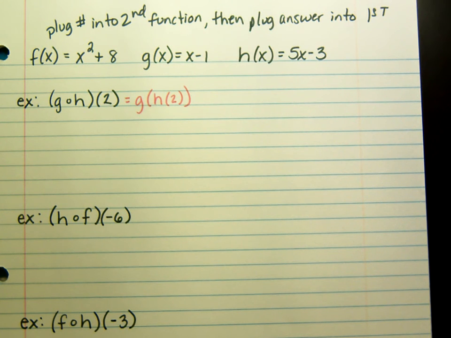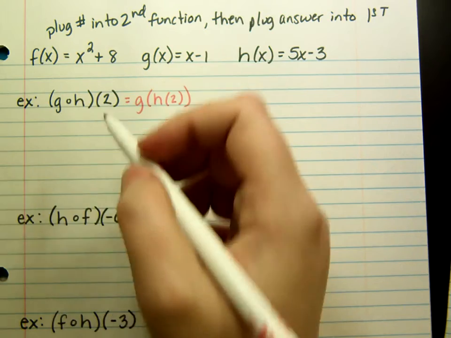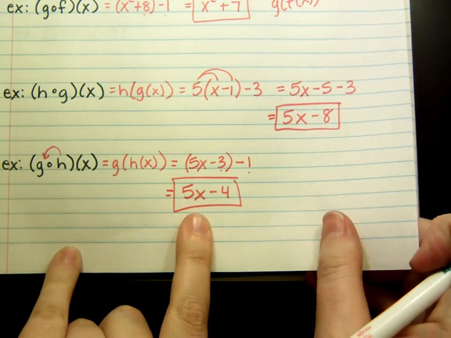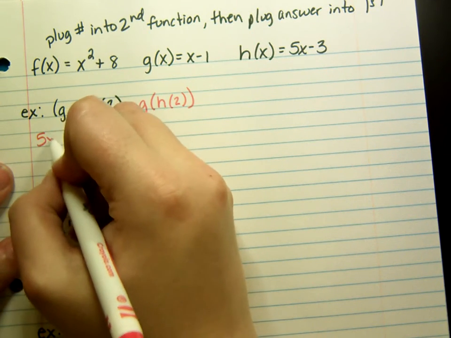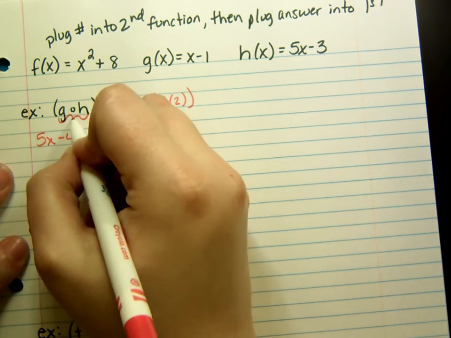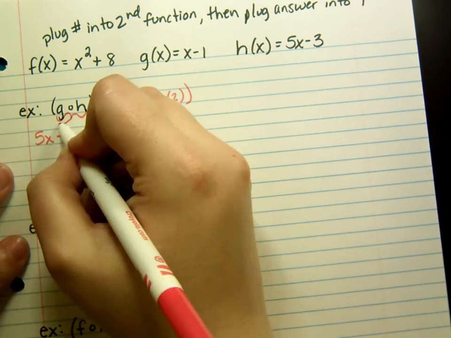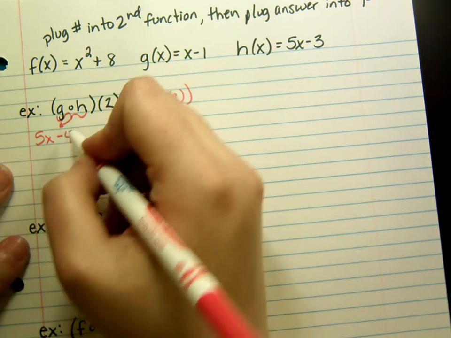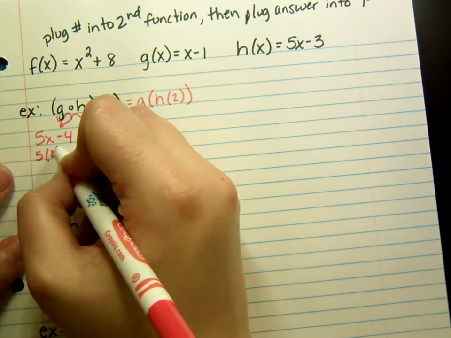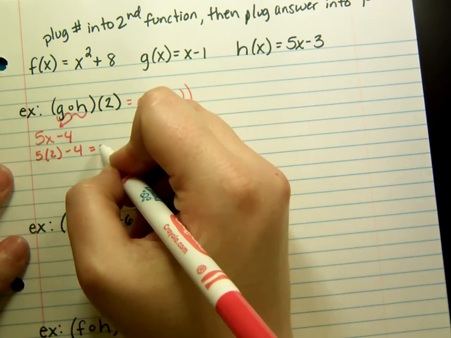So I'm going to show you that way. Now, when we did g of h of x, that was the last one we did. We get 5x minus 4. So this part was 5x minus 4. We just worked that one. So I can do the composition and then plug in the value to get 6.